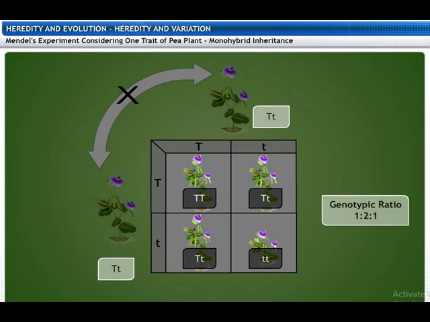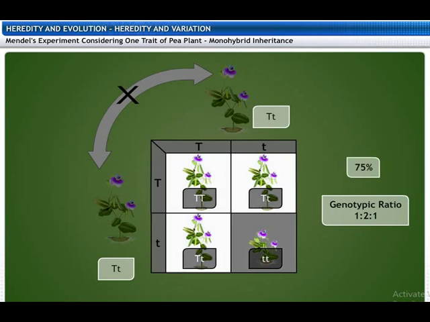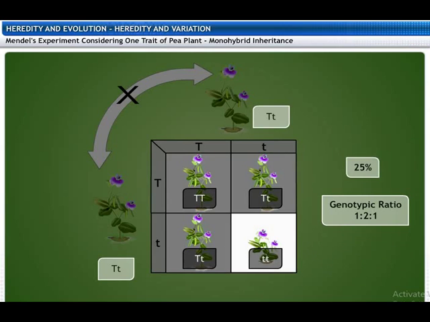This gave the genotypic ratio of 1:2:1. One pure tall plant, 2 hybrid tall plants, and 1 dwarf plant. Thus, 75% of the progeny produced in F2 generation were tall and 25% were dwarf. This gave the phenotypic ratio of 3:1.